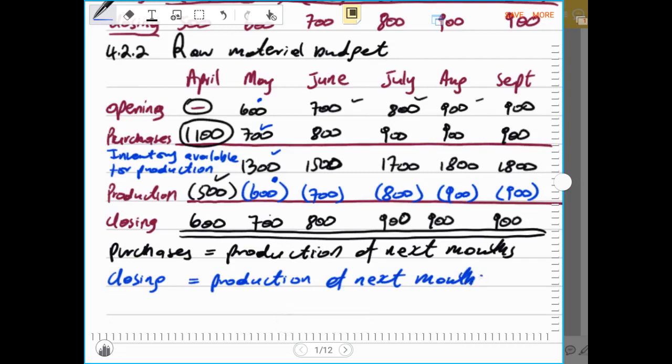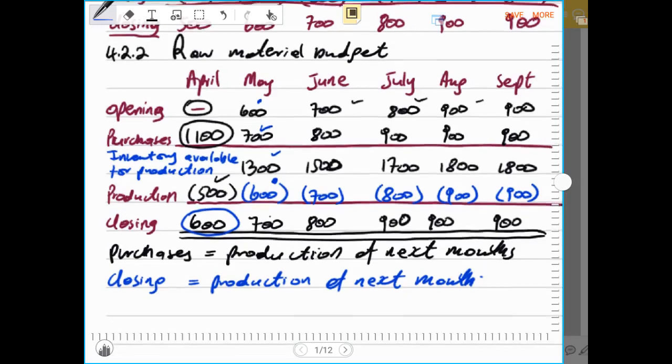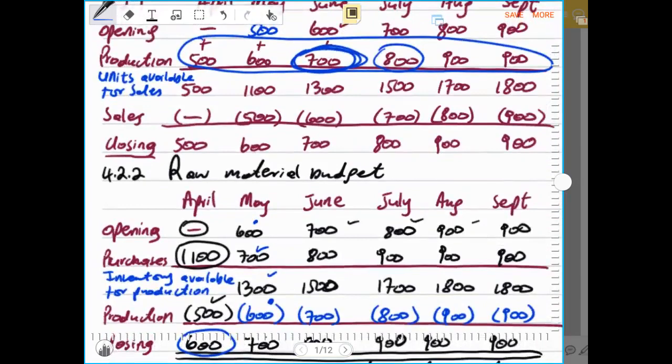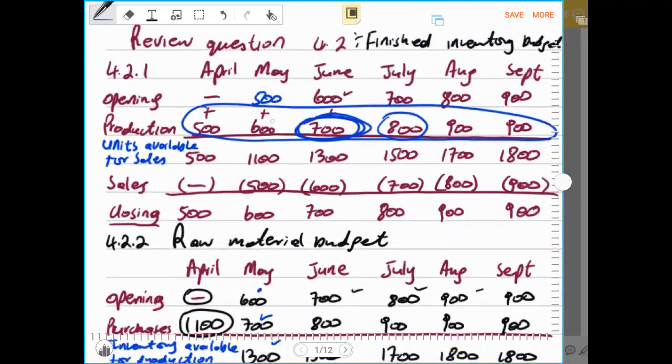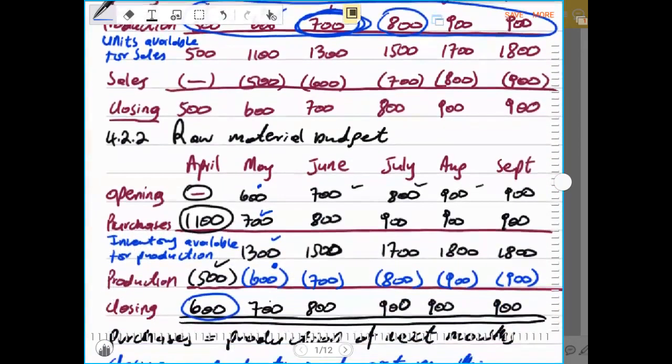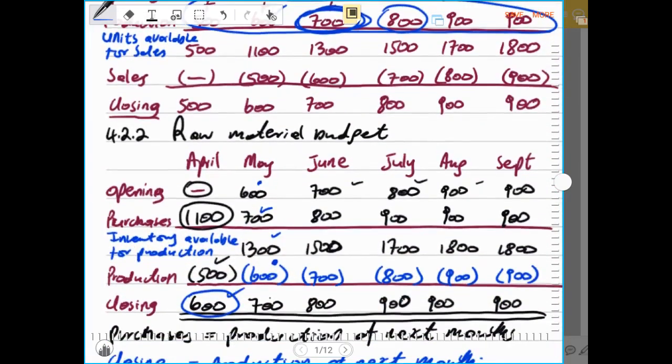So now there is the closing that I have for the raw material budget, and it is equal to the production of next month. Then we look at the production of next month. Production of next month is in the finished goods budget. Production of next month is 600, and my closing is again 600.